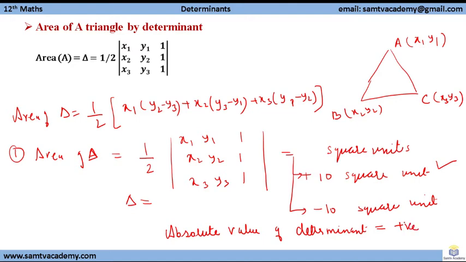Whether you get a positive or negative value after solving any determinant, you have to take only the positive value, because we need to take the absolute value of that determinant, because the area of a triangle cannot be negative, it is a positive value and it is in square units. So you always take the absolute value of that determinant.